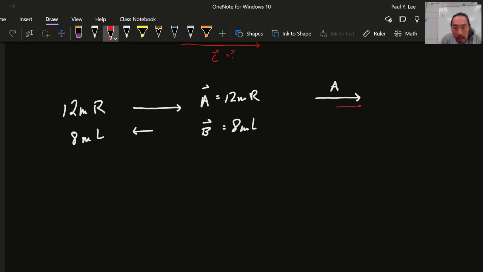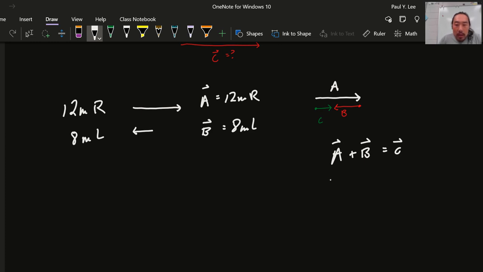So where A ends, I'm going to draw B. Now, the difference between the two, where you started to where you ended, that's the important part. So where you started here to where you ended here, this is C, and this is a resultant. And so the way that we could write this is A plus B gives us C.